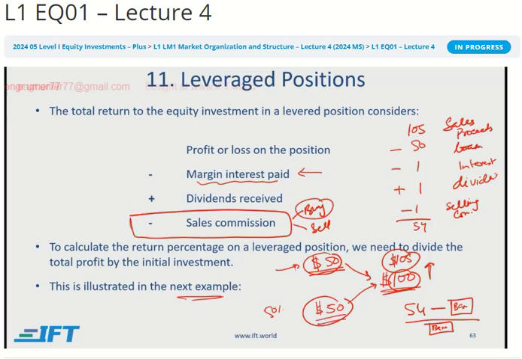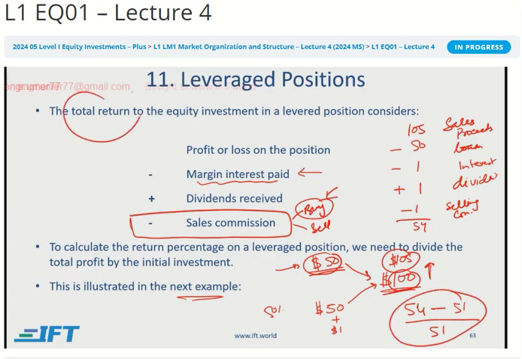But then when you actually go to purchase this share, there's going to be a commission on buying. Who's going to pay for that? You need to add to your original investment the buying commission. Let's say that's $1. So now your starting investment is not 50, it is 51. So ending minus beginning divided by beginning will tell you the return you have made.